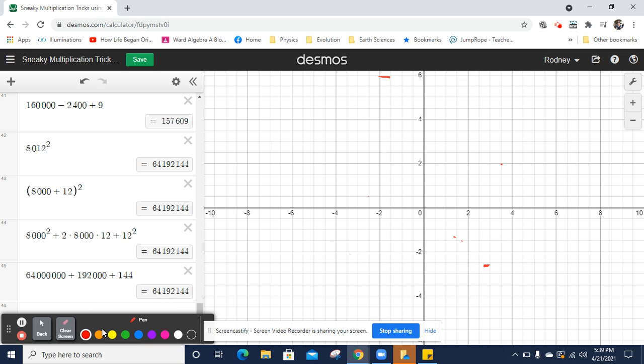Here we go. Let's use blue this time. So I've got 64 million. I really do need to come up with a better mouse writing tool. 64 million plus 192,000.